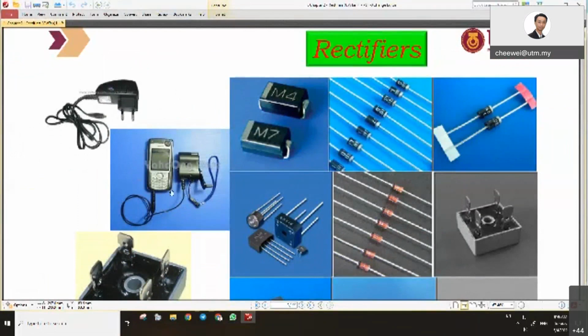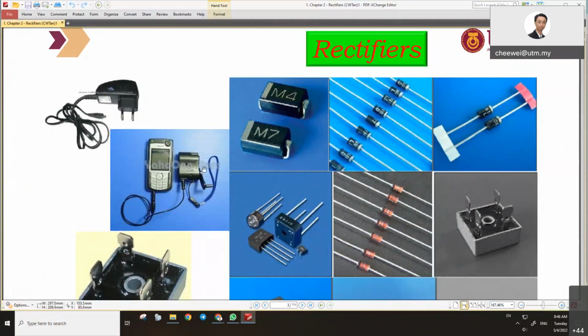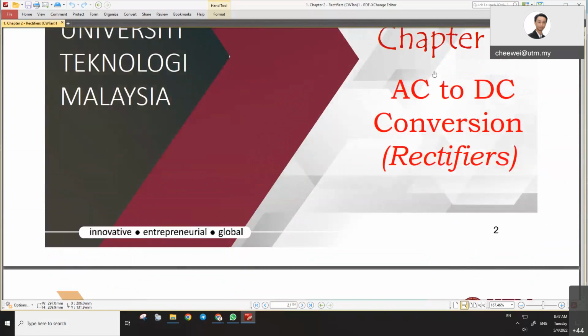You've been using your mobile phone charger, your laptop charger, anything that you need to charge with your battery that is considered a rectifier. Why is that so? Because the outlet from the wall or the sockets are all supplying AC, and you know that the battery is DC form. So from AC to DC is known as a rectifier.